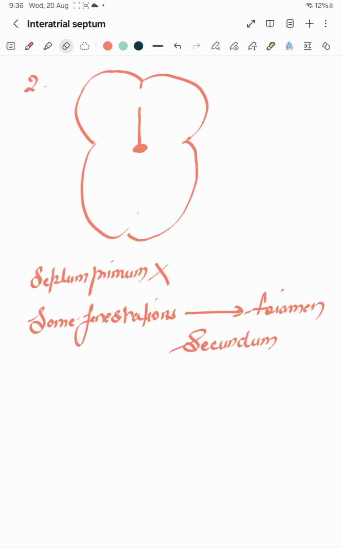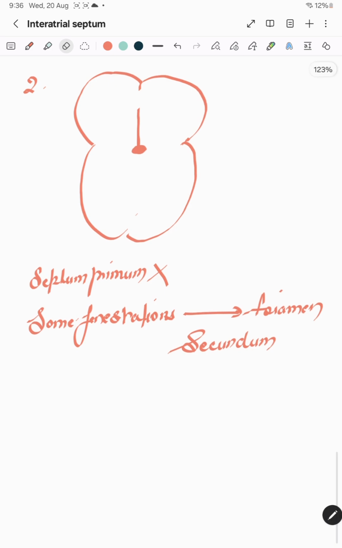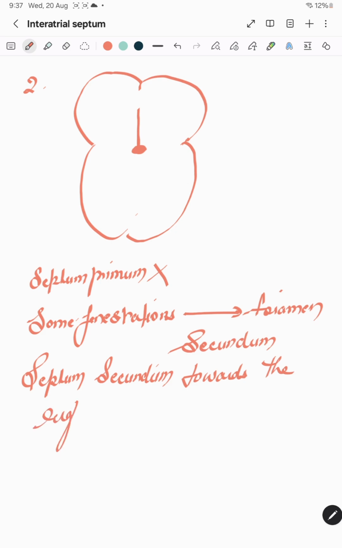Now another septum known as septum secundum will start forming towards the right side of septum primum.